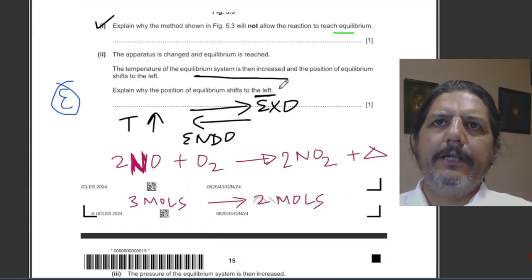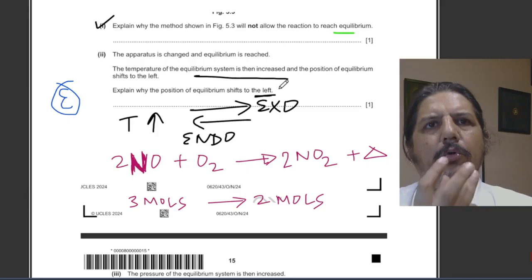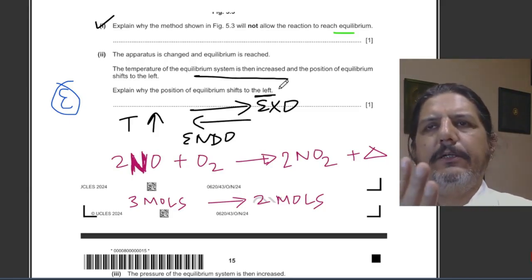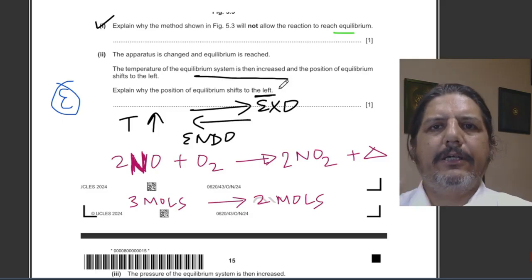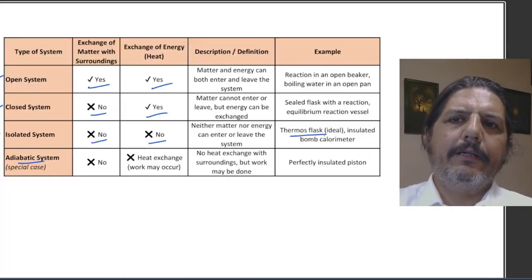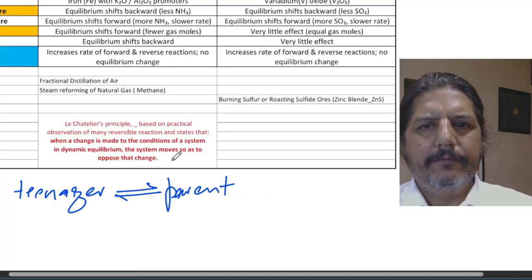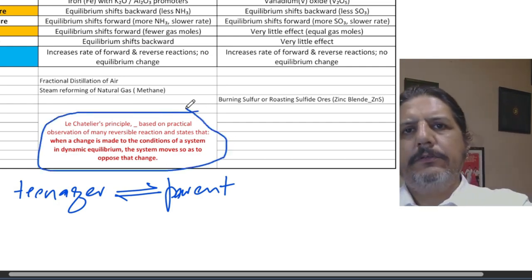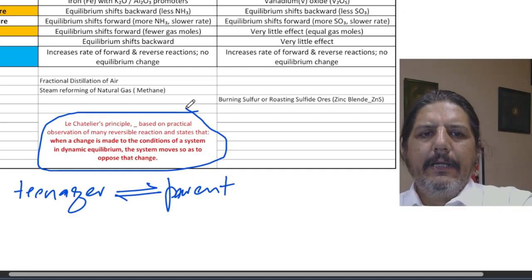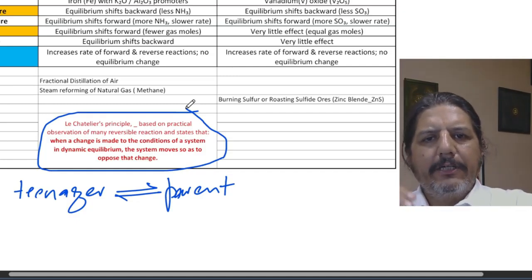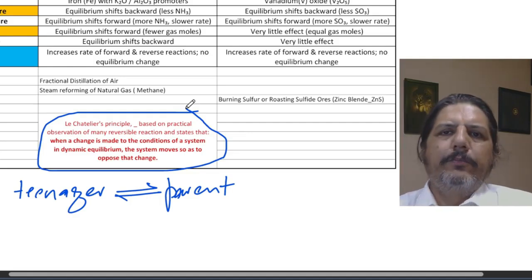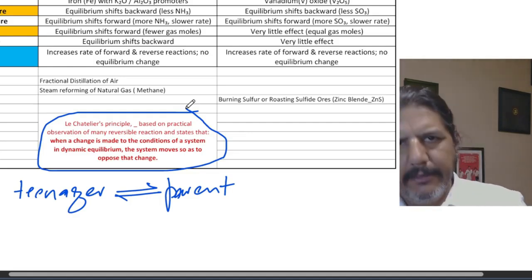As we have discussed again and again, the core principle on which this whole chapter hangs is Le Chatelier's principle. You should be very clear about it. I have discussed this before in the previous questions also. When a change is made to the conditions of a system in dynamic equilibrium, the system moves so as to oppose that change. We took an example of a teenager and a parent. Whatever the parent says, the teenager will try to oppose it.